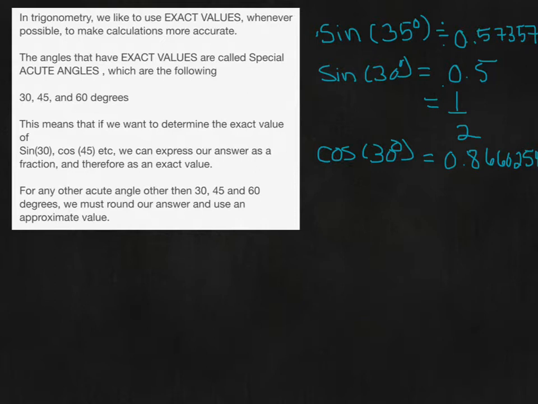So now, looking back at our note here, it says that the angles that have exact values are called special acute angles. And they are 30 degrees, 45 degrees, and 60 degrees.